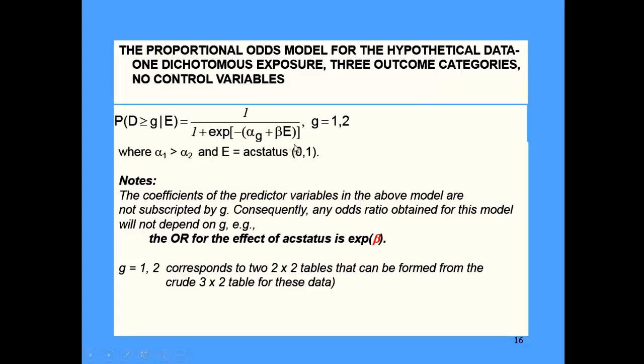I don't know if you remember this, because we only did it 2 days ago, but when we talked about polytomous logistic regression, you got more than one odds ratio. For each category, you had an odds ratio that compared with the reference group, right? So you had an odds ratio for 2 versus 0 and 1 versus 0. So you got 2 odds ratios if you had 3 categories.